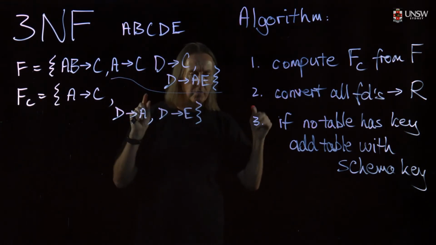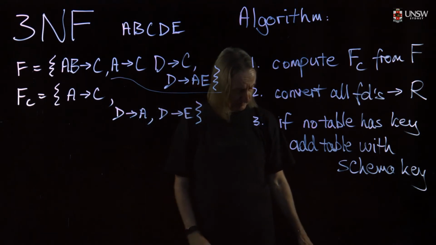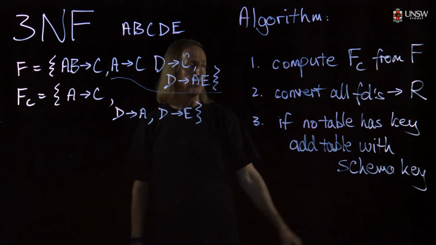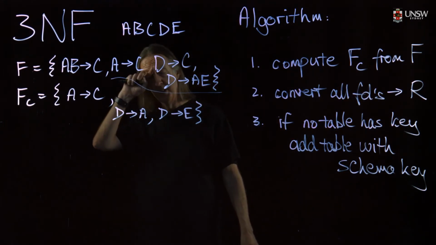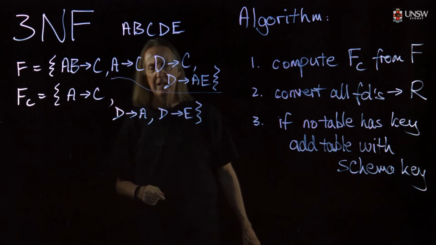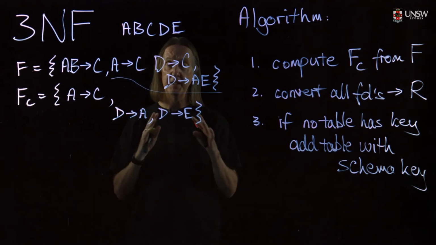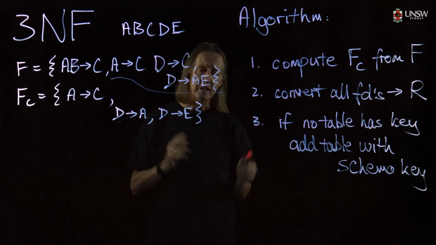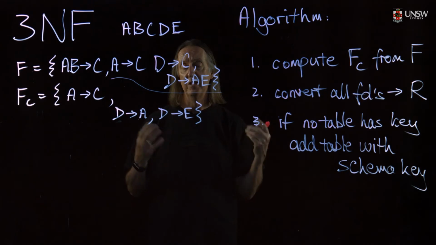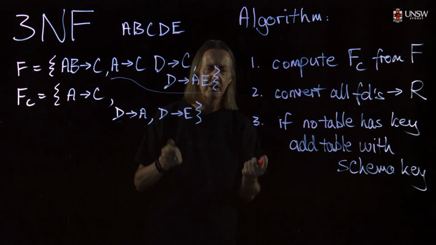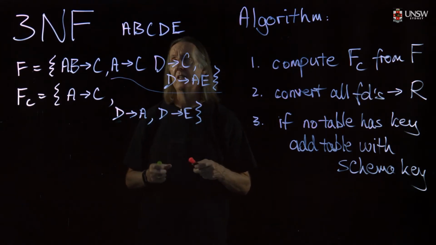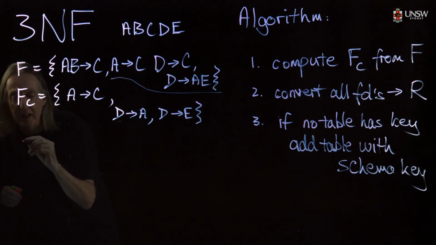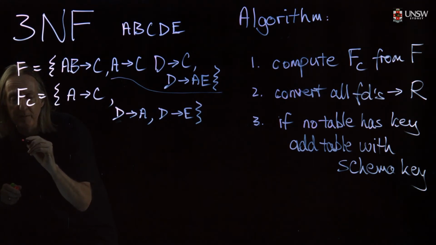This is an equivalent and minimal set of functional dependencies. Okay, the next step, convert all the functional dependencies into tables. Now the other thing that we do at this point is if we've got two functional dependencies that have the same left-hand side, like the two Ds here, we merge them and produce a table, which in some sense is kind of going backwards from what we did in the minimal cover production algorithm.